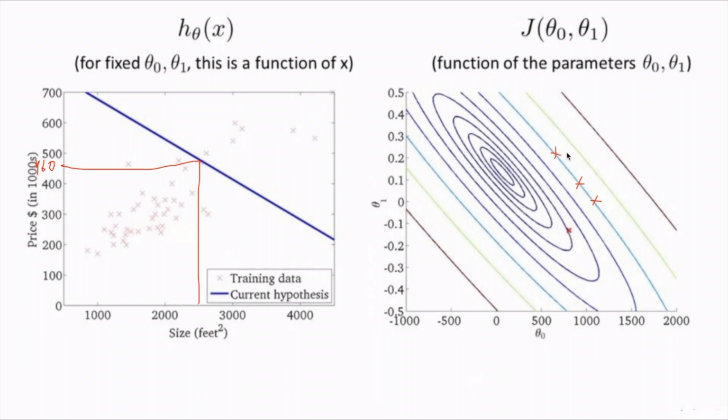Please understand that all these will have the same value of j of theta 0 comma theta 1. So maybe this will be the value here, and it will have some value like minus 0.1. So it will be about 800, we can say that.